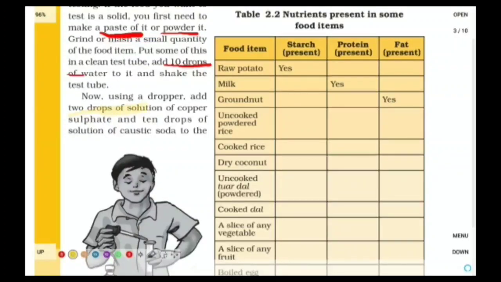After this, if you find that the food ingredient has turned violet, then it indicates that the food item has proteins in it. Okay? By doing the same process, you have to fill this table, right? Groundnut has proteins, fats, etc., right?